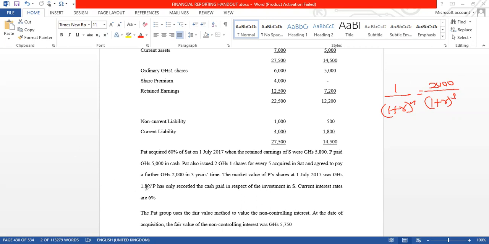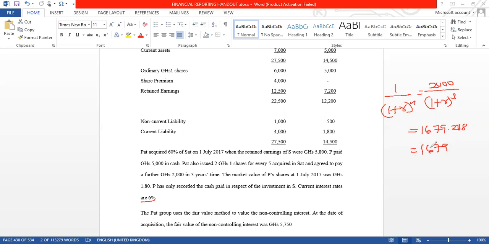R is 6%. 1 plus 0.06 raised to the power 3. Then you divide, do 2,000 over your answer. What I'm getting is 1679.238. If I want to use the nearest whole number, then let's go by 1679.